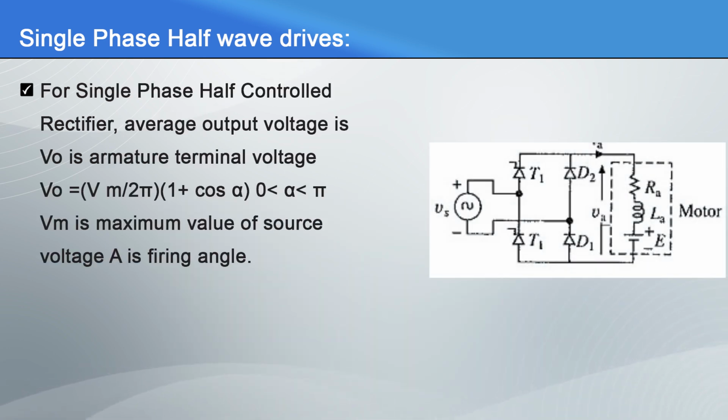For the single phase half control rectifier, the average output voltage V naught is equal to Vm upon 2 pi times 1 plus cos alpha, where alpha lies between 0 and pi. Vm is the maximum value of source voltage and alpha is the firing angle.